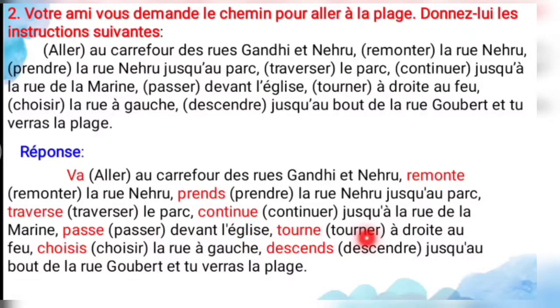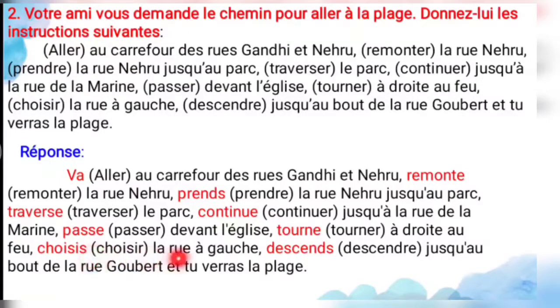And next verb is what? Tourner. Tourner means what? To turn. So tourner also ends with ER, so you have to remove the S. And tourne à droite au feu, and turn right at the signal. And next verb is what? Choisir verb. Choisir means what? To choose. And tu subject, what is the conjugation for the tu subject and choisir verb?